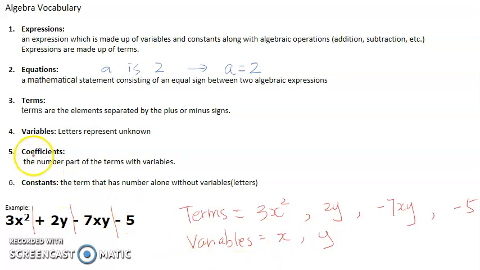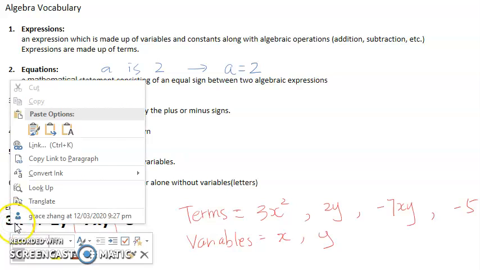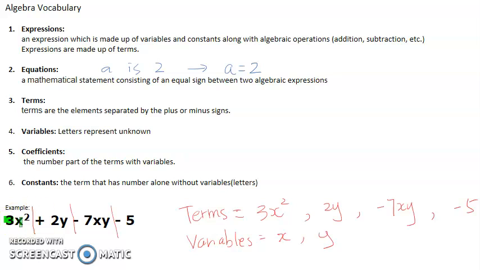Now let's have a look at the new word here, coefficients. Coefficients are the numbers that are part of the terms with variables. Another way to say that is the number that is attached to the variables or the letters. In the example, I can see there's 3 attached to the variable x, this 2 attached to y, and this negative 7, always remember to carry the sign, attached to the variables.